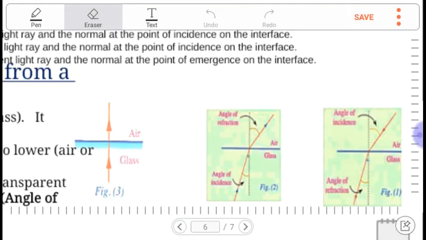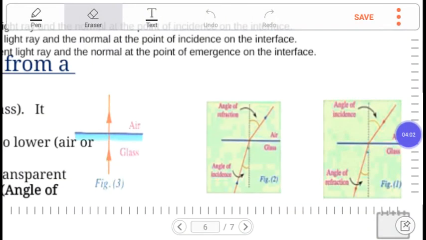One more time: in the first case, when the light ray falls from the lower optical density to the higher optical density, from the air to the glass, the refracting light ray will be near to the normal line, so the angle of refraction is smaller than the angle of incidence.